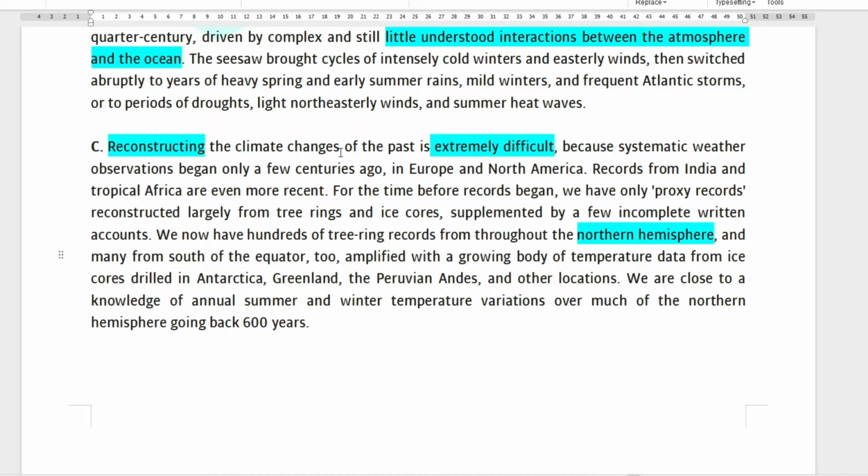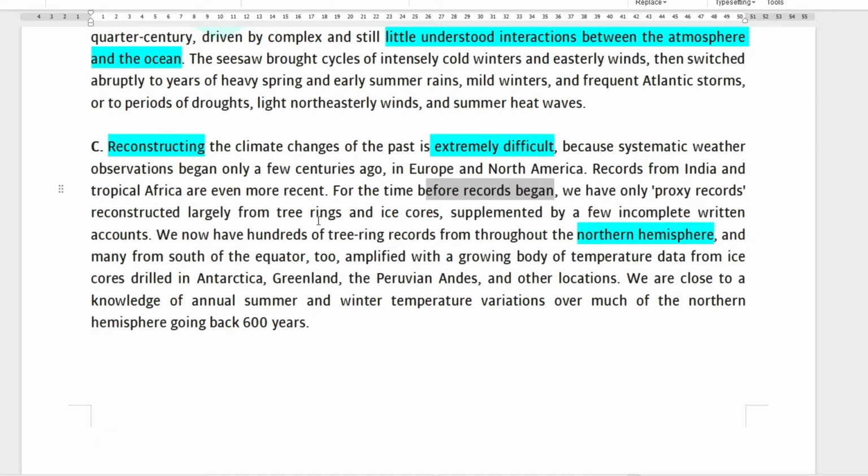It says systematic weather observations began only a few centuries ago, even more recently in India and tropical Africa. Records from India and tropical Africa are even more recent. So before records began, what did I do? For the time before records began, we have only proxy records.